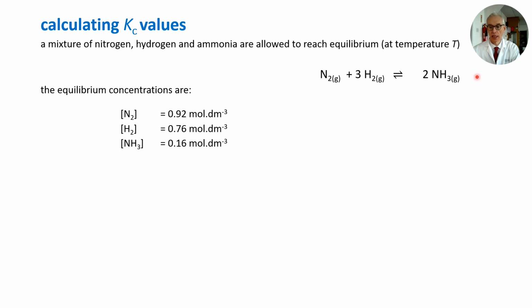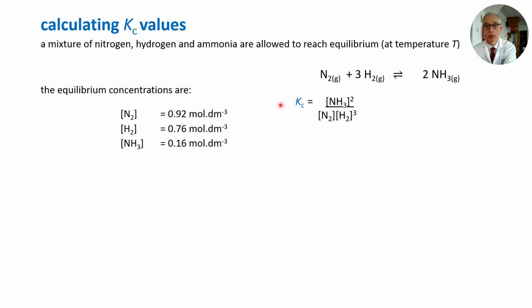So there is our equilibrium equation, nitrogen, 3 hydrogens, 2 ammonias. And these are the concentrations that were determined at equilibrium. 0.92 moles per decimeter cubed nitrogen, 0.76 hydrogen, 0.16 ammonia.